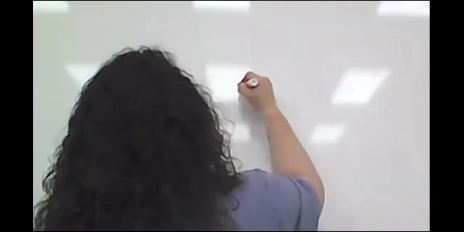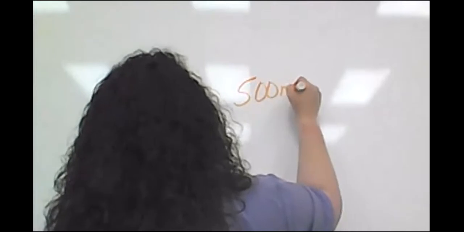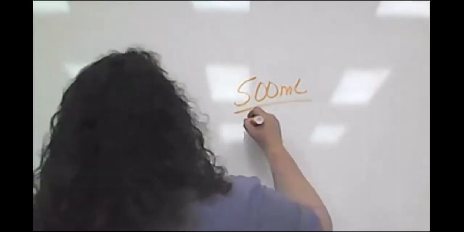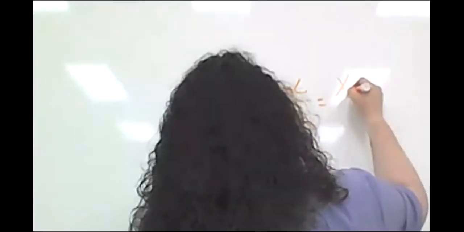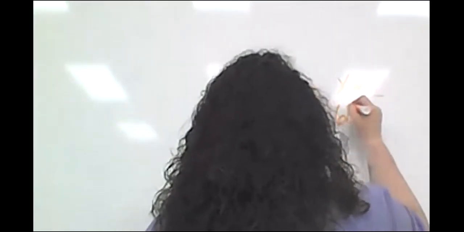So again, we're starting with 500 milliliters, it's your starting volume. And my starting time, so that this is being administered over 250 minutes. And they're asking me how many milliliters in 1 hour.